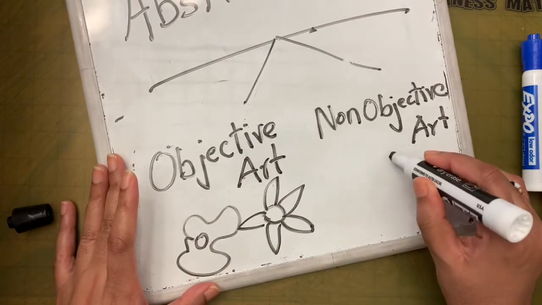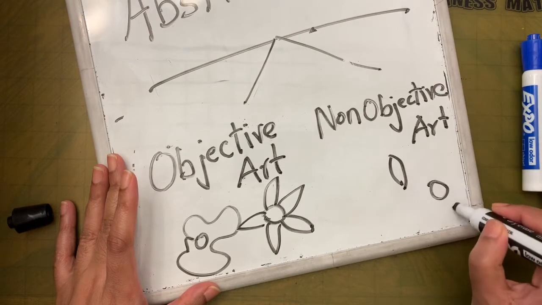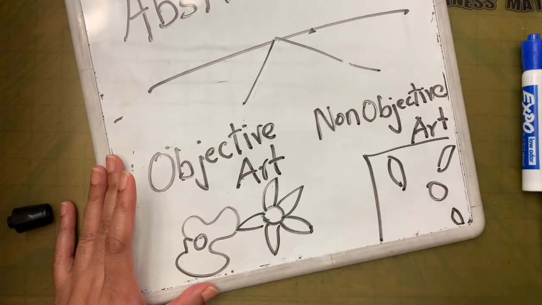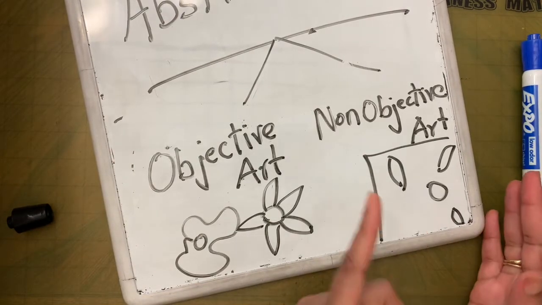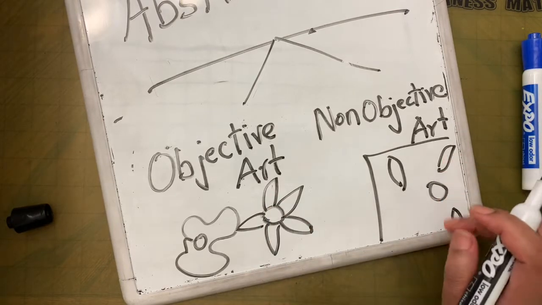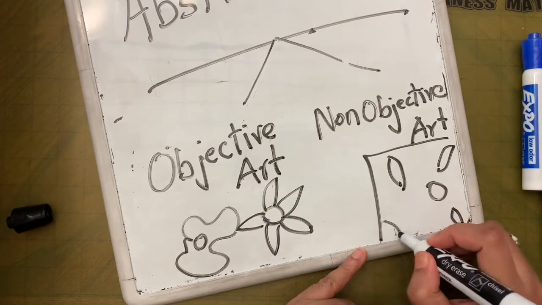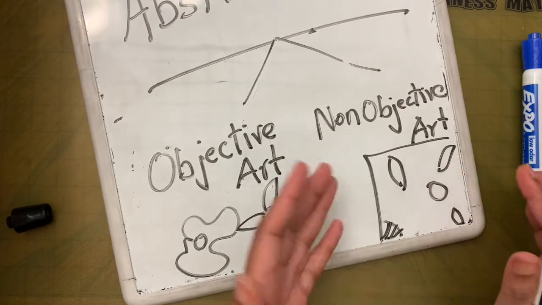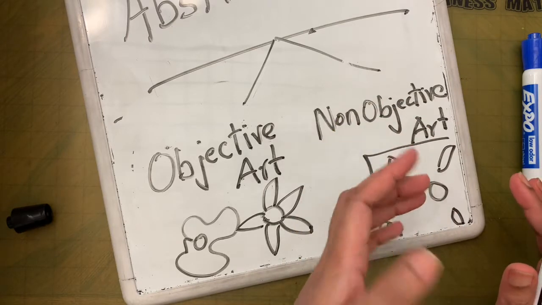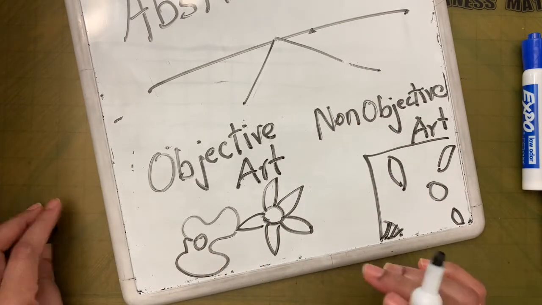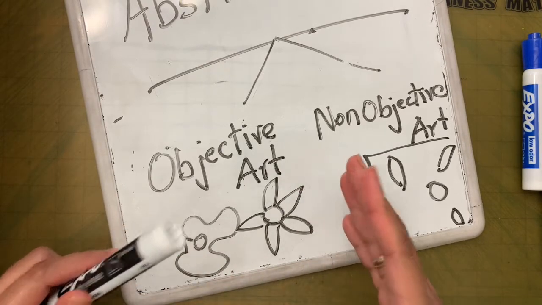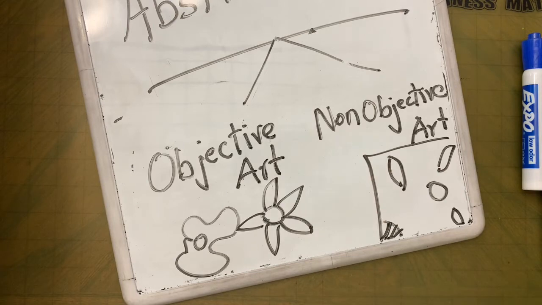Instead, what does this look like? There is just shapes, and I haven't colored it. If I use shapes and then maybe lines, this was also a flower, but it was a non-objective art where you couldn't recognize the object that we are making. Okay, you are not able to recognize the subject matter.